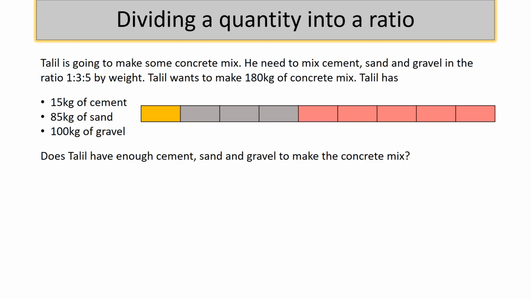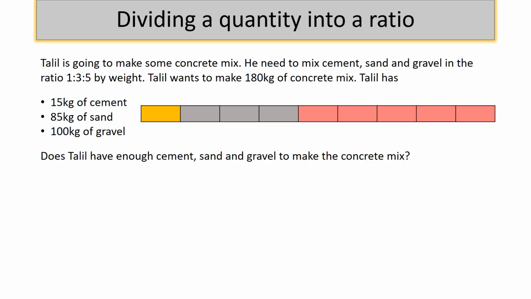So I've got the bar. We have cement, sand, and gravel. The yellow part on my bar is cement. Then the grey part is sand, and then the red part is gravel. So actually we have altogether 9 parts.